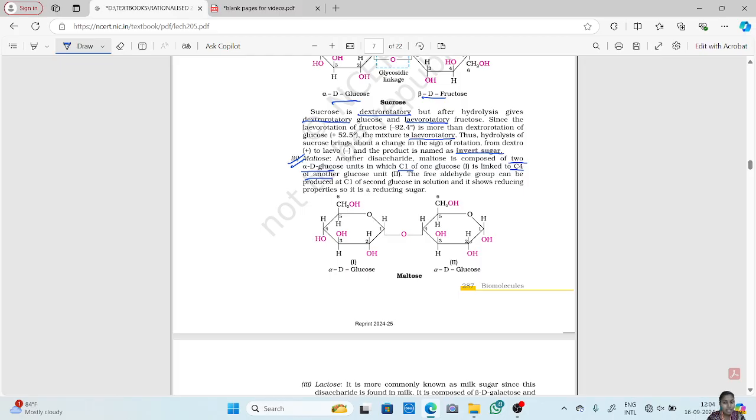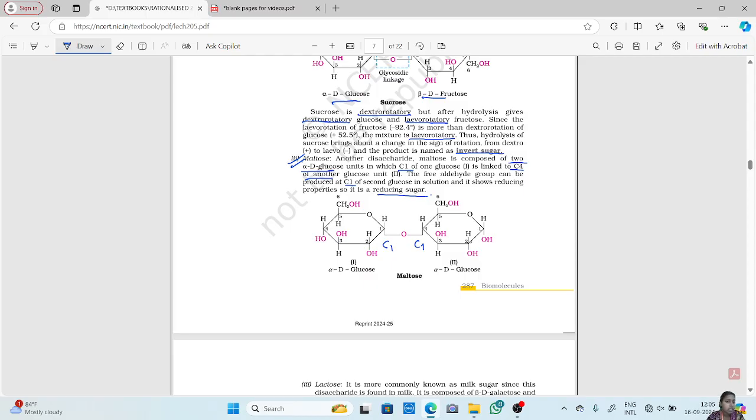Now, the free aldehydic group can be produced at C1 of the second glucose in solution, and it shows reducing properties, so it is a reducing sugar. Now, you got why maltose is a reducing sugar? Because to make maltose a non-reducing sugar, the C1 carbon of both glucose molecules would have to be involved in bond formation.